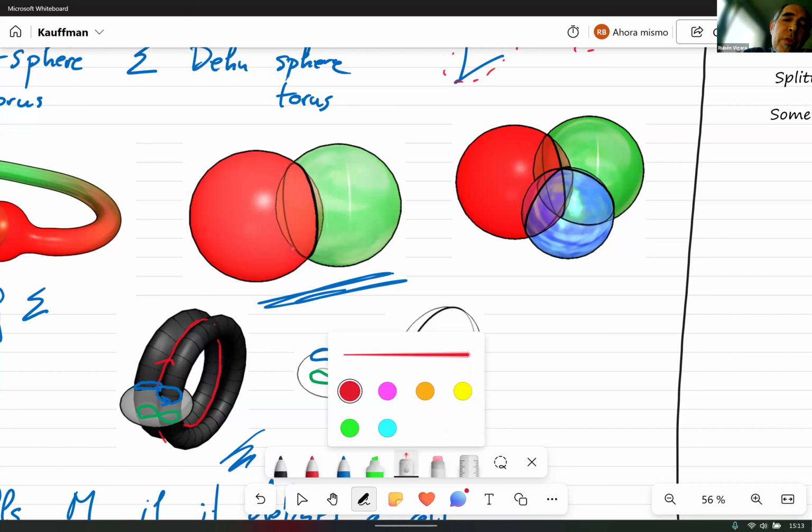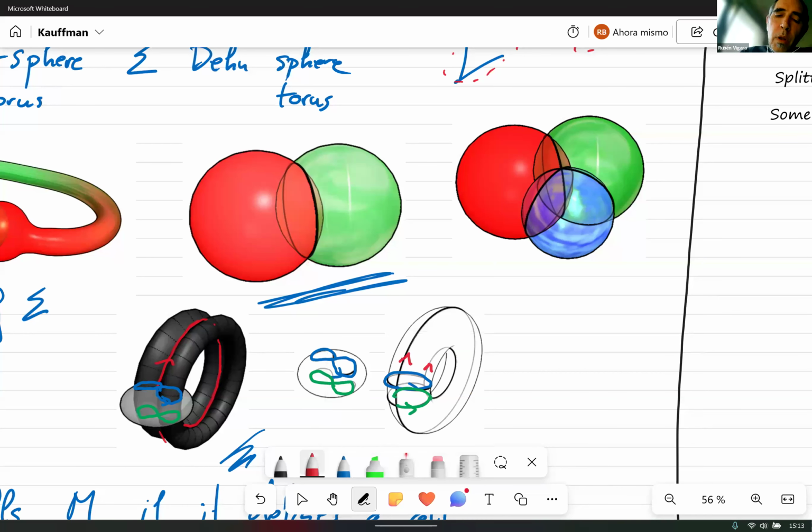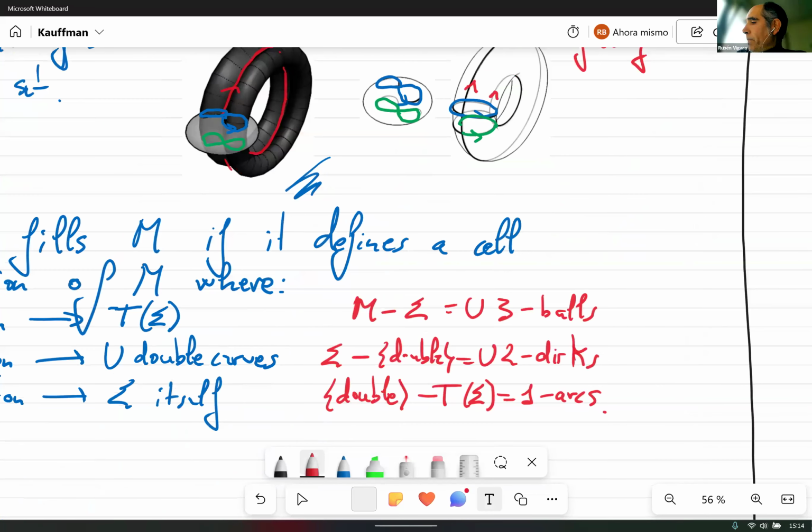If we remove the singular set, the double curves, from the surface, we obtain a union of disks, but there are no triple points. So there is no zero skeleton in this cell decomposition. So this example is not filling. On the other hand, this one is a filling example because it is easy to see that it verifies all the conditions.